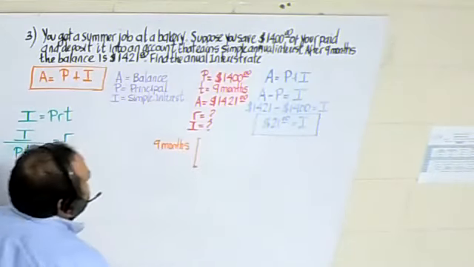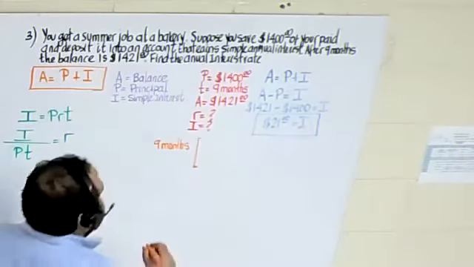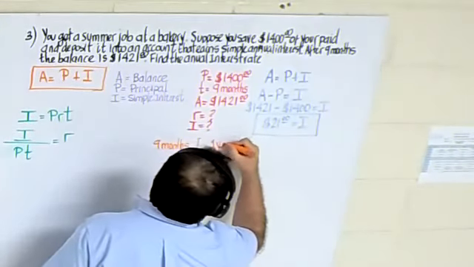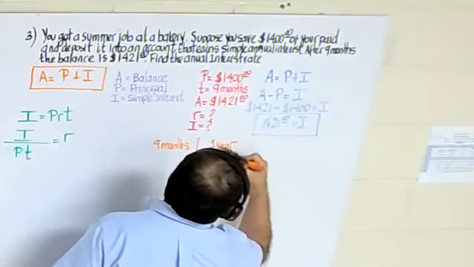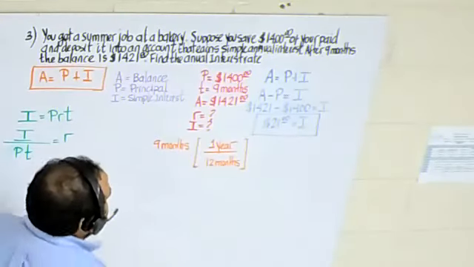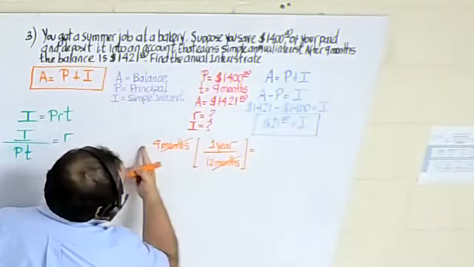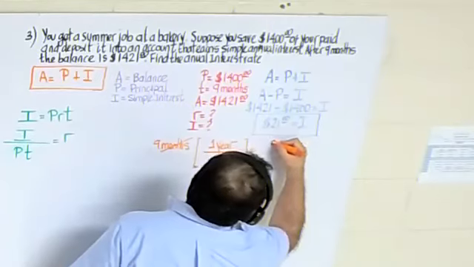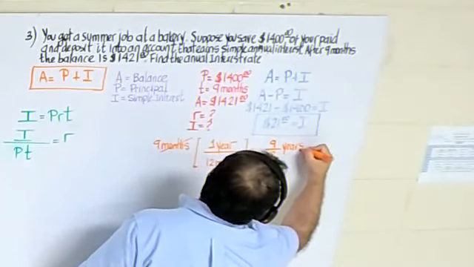Would you like to tell me how many months we have in one single year? 12 months, right? Remember, this is a conversion unit. 1 year, we got 12 months. Yes or no? So we can cancel months with months, and we multiply 9 times 1, which will be 9 over 12. And this is going to be the quantity of years.